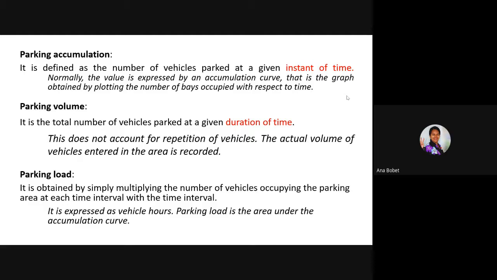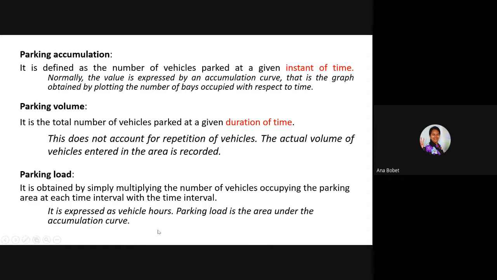So repetition over a duration of time is counted as 1 as long as it is the same vehicle. Volume is the actual number of vehicles that enter the area as recorded, not necessarily with repetition. Okay? Then we go to parking load.